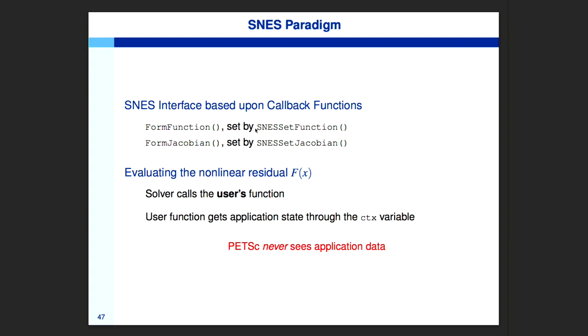And you can provide whatever information you need through a context variable. So the PETSc software never sees the application data or that other information. It's just a pointer that's passed so that you as an application can do whatever you need.